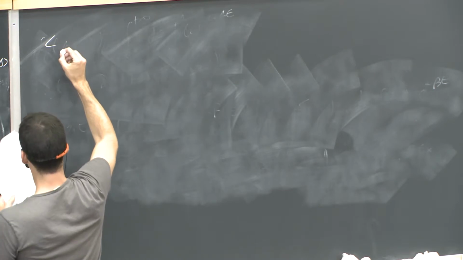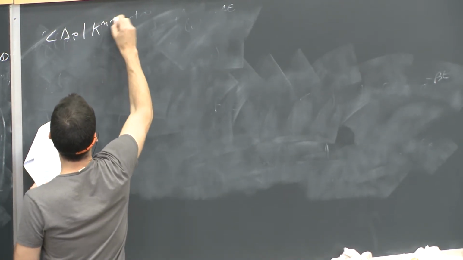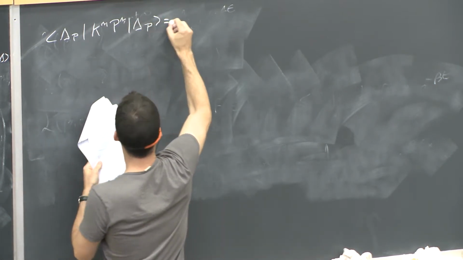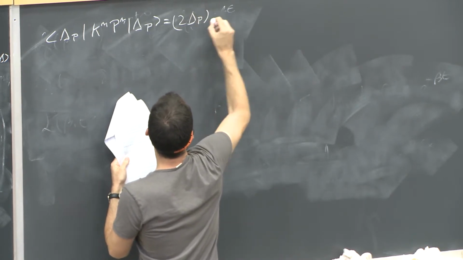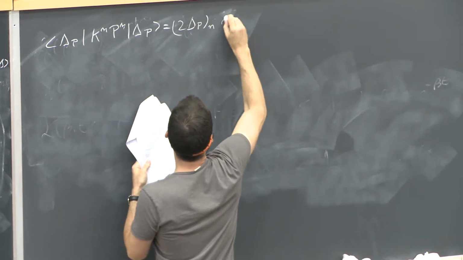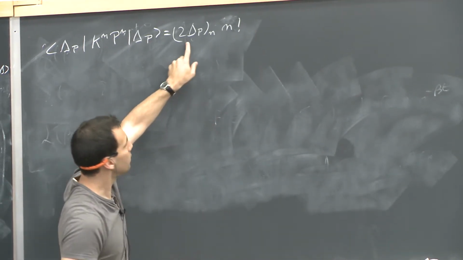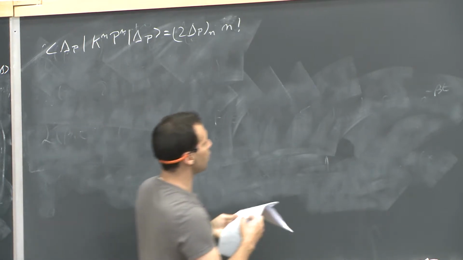So the first result is that delta p kn pn with delta p is 2 delta p n times n factorial. Does everyone know what this symbol means? The Pochhammer symbol? I should write it down just in case.